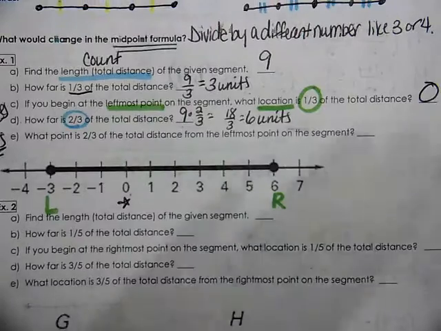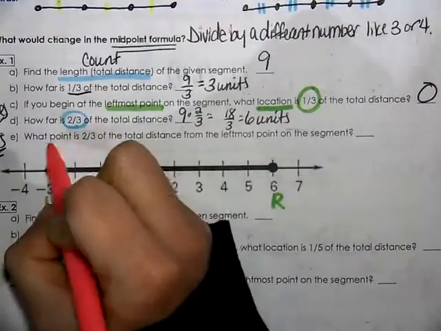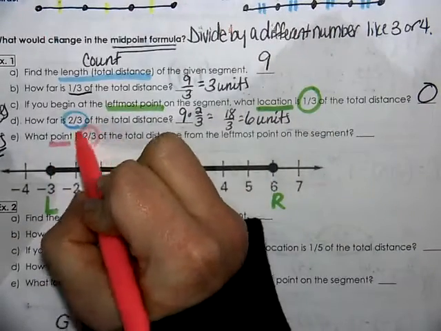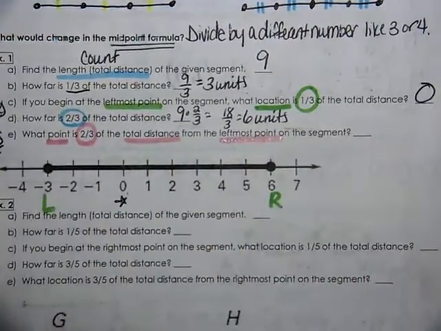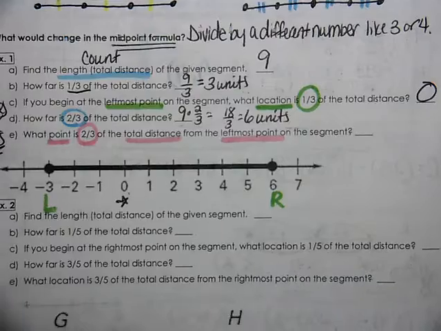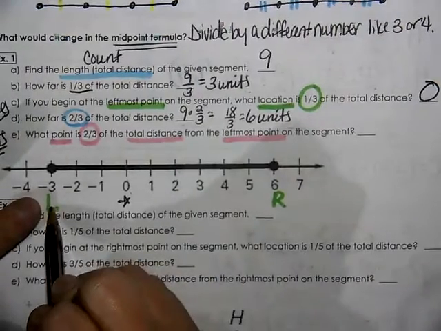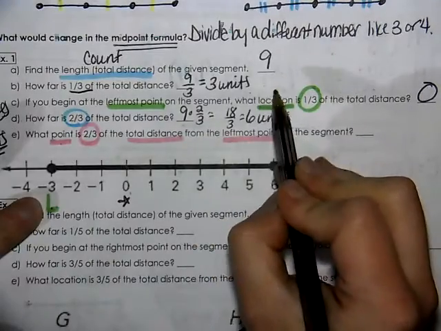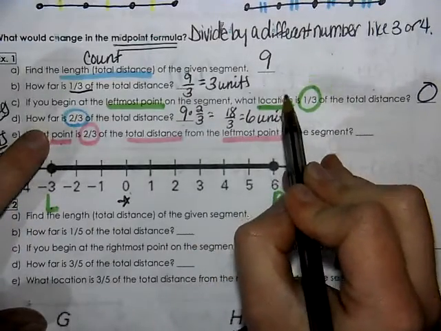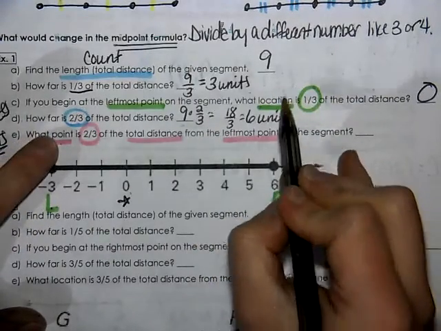Now what they're going to ask of you is, what point is 2/3 of the total distance from the leftmost point on the segment? So we're still starting at the leftmost point, but this time I'm calling it point instead of location. These two words mean the same exact thing.